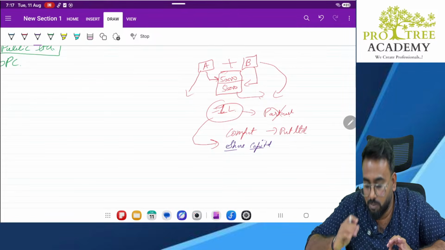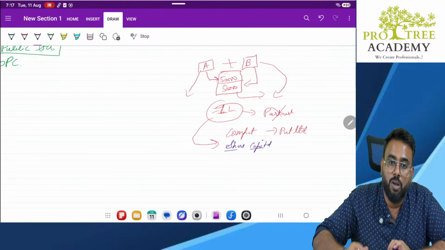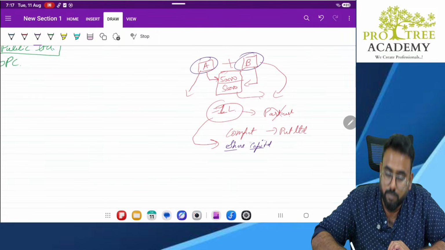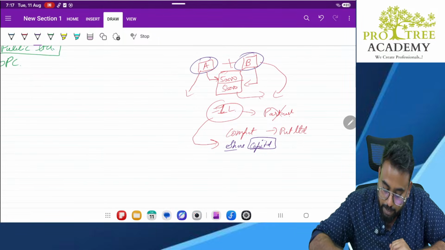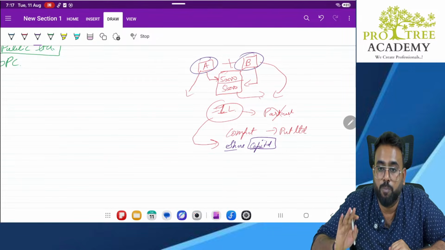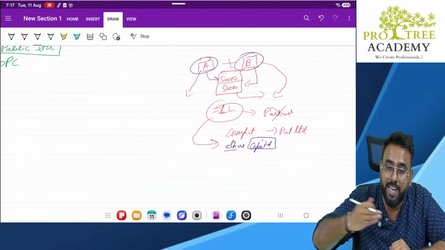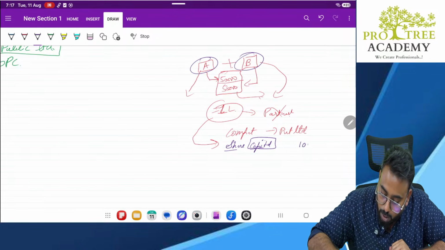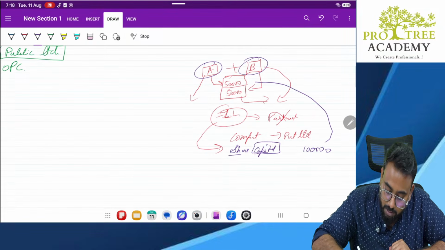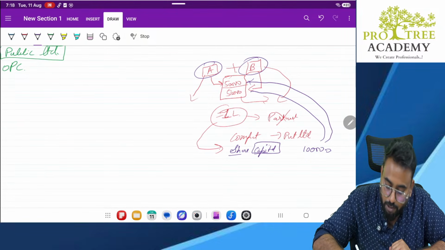See, why I am using the word share capital is, we two are also sharing this capital. This capital doesn't belong to me alone. Neither does this capital belong to my friend alone. We both share the capital. Out of this 1 lakh, I share 50,000. My friend also shares 50,000.